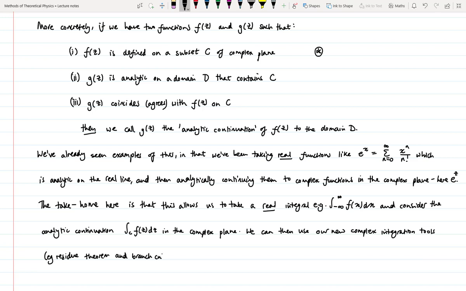And we'll later see that branch cuts will be useful. We can use these tools and tricks to evaluate the real integral that we're interested in.